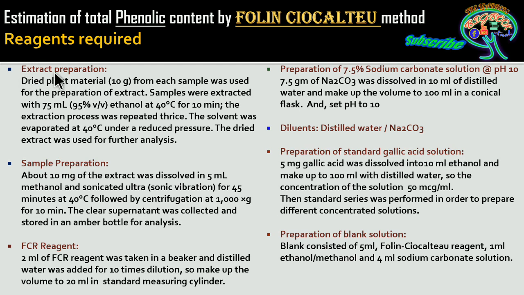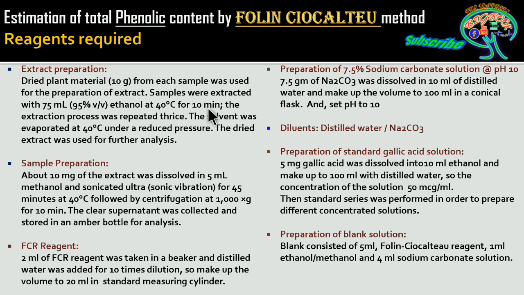Now we can extract the sample, where we are going to take dried plant material, approximately as per your wish. We have mentioned here 10 grams from each sample used for the preparation of extract. Samples were extracted with 75 ml ethanol, 95% volume by volume, at 40 degrees centigrade for 10 minutes.